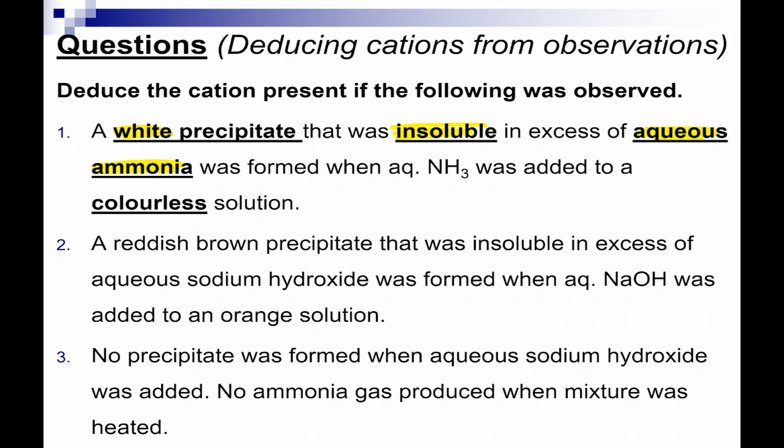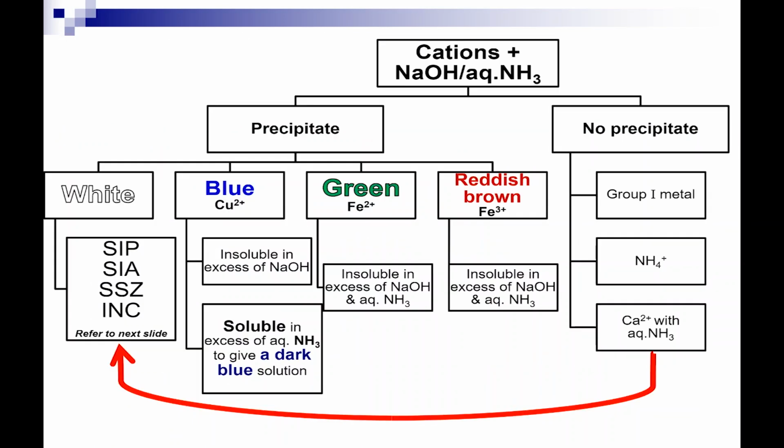Let's refer to the flow chart to identify the cation. Referring to this flow chart, the cations that form white PPT are Pb2+, Al3+ which is out of syllabus, Zn2+, and Ca2+. So the possible cations for this question are Pb2+, Zn2+, and Ca2+.